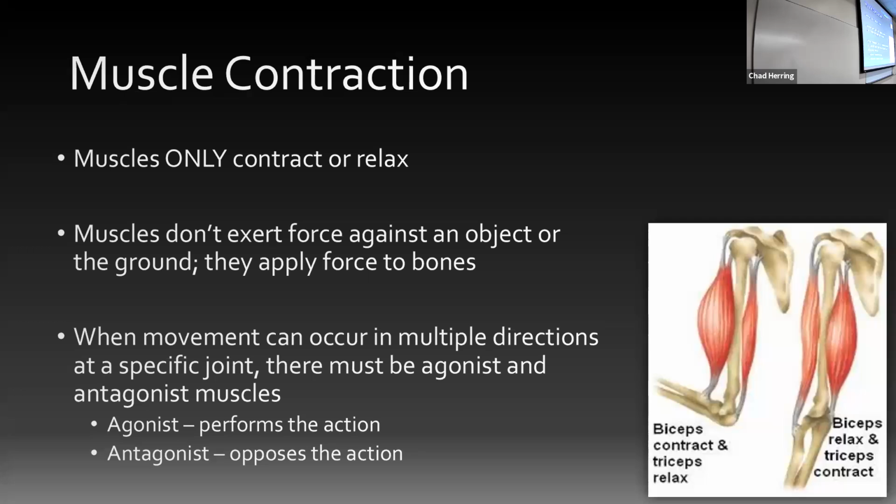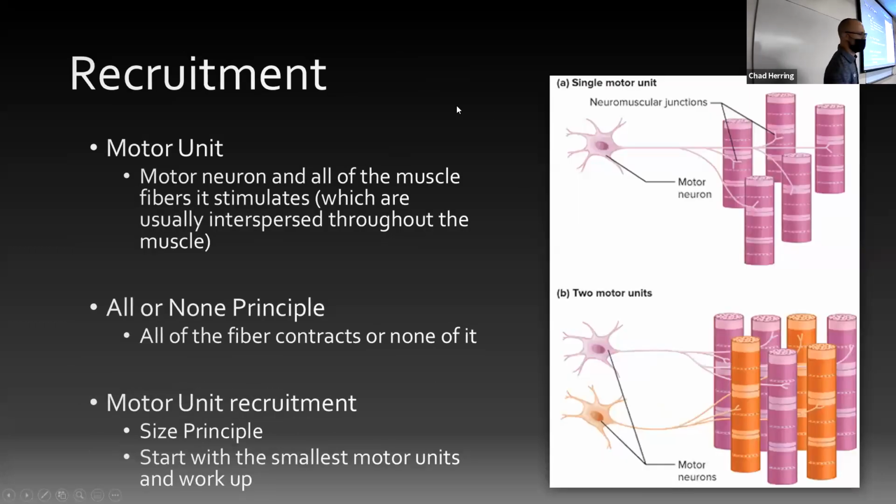You guys are right. Based on your answers, motor units are essentially what's going to receive the electrical signal from your brain and spinal cord, and they have little connections that go into your muscle fibers, and if they're signaled to contract, they're going to cause that muscle to contract.